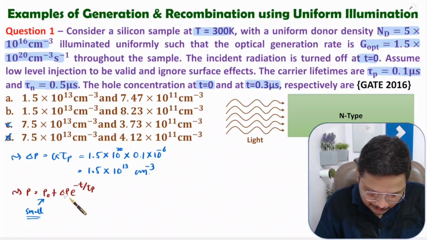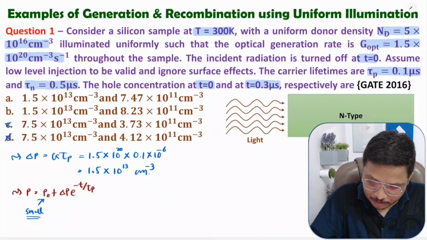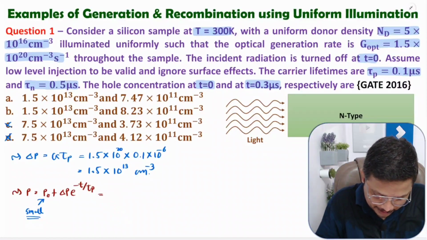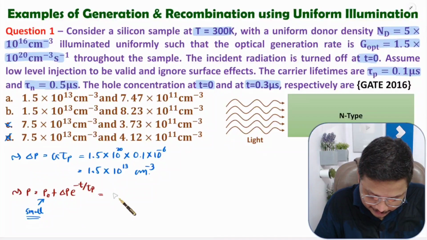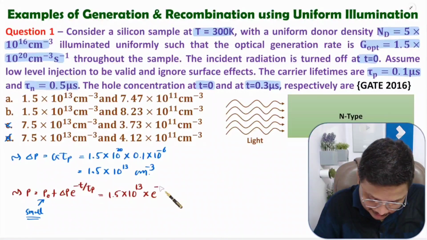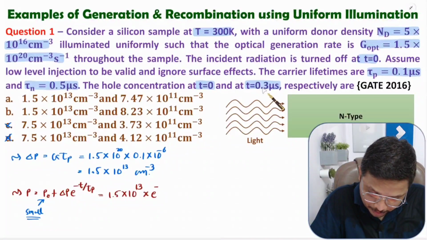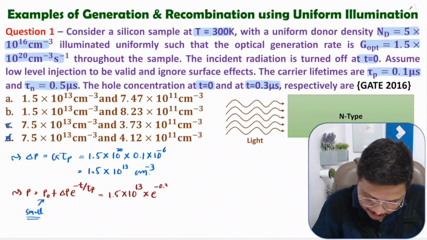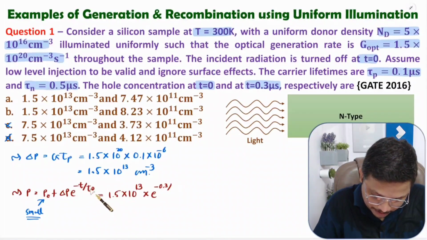So we will be calculating this based on delta P into e to the power minus T by tau P. So here let us substitute the values. Delta P that we have calculated, 1.5 into 10 to the power 13, into e to the power minus T, where T is 0.3 microsecond, divided by tau P, and tau P is 0.1 microsecond.